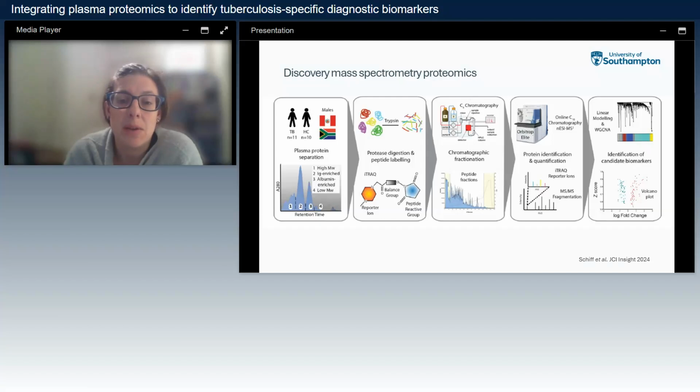You can clearly see with unsupervised data analysis that the patients cluster into healthy controls and pulmonary TB. And if you've got really good eyesight, the samples are also marked with the different ethnic backgrounds of the cohorts, and they also cluster by the ethnic background of the patient, which is another really interesting finding.